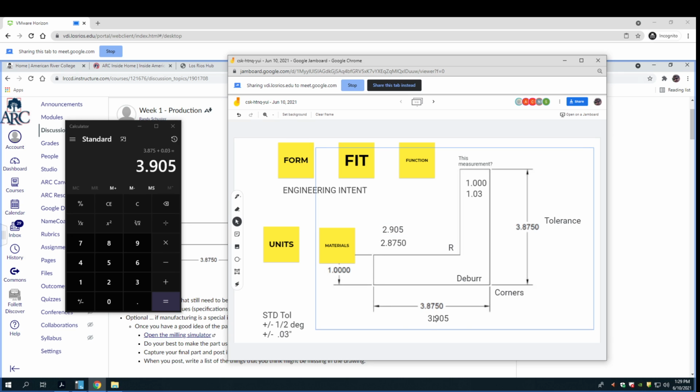So if I measure using this one, it limits me to 3.905. If I measure using this and this, 3.935.